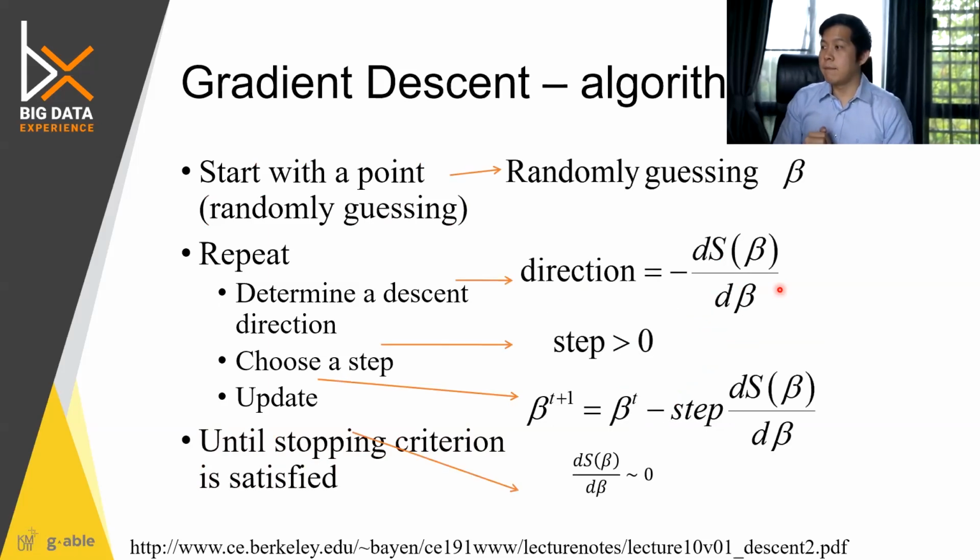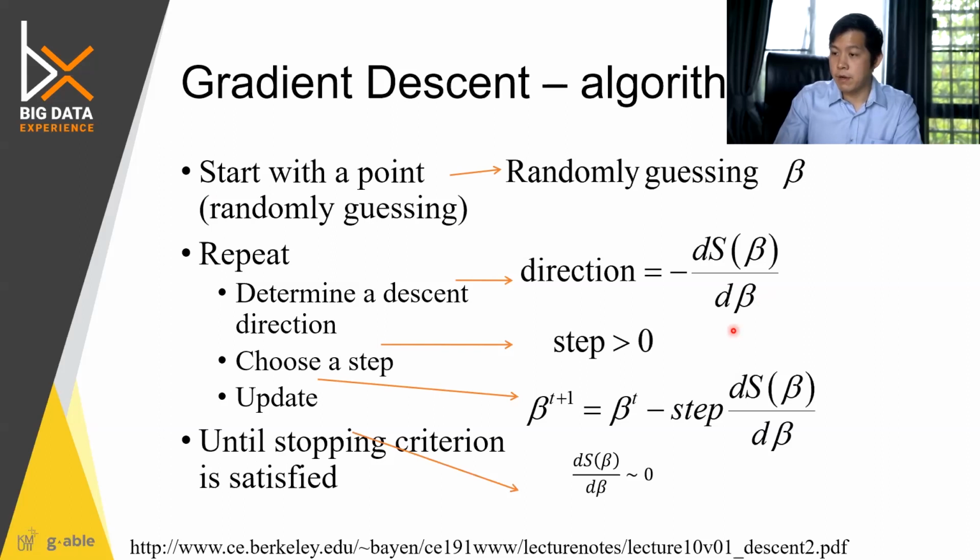Okay, so what does this mean in terms of our model? It means that we need to randomly guess beta first. Once you guess the beta values, at that point we need to take the partial derivative of the error function with respect to the parameters, and then substitute the value at that point.